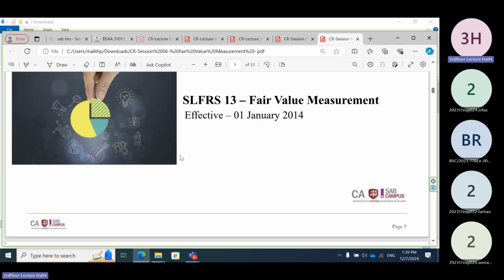If it is a permanent difference. Some of the differences are permanent, some of the differences are temporary. So what are the examples? Entertainment expense is a permanent difference. Why?